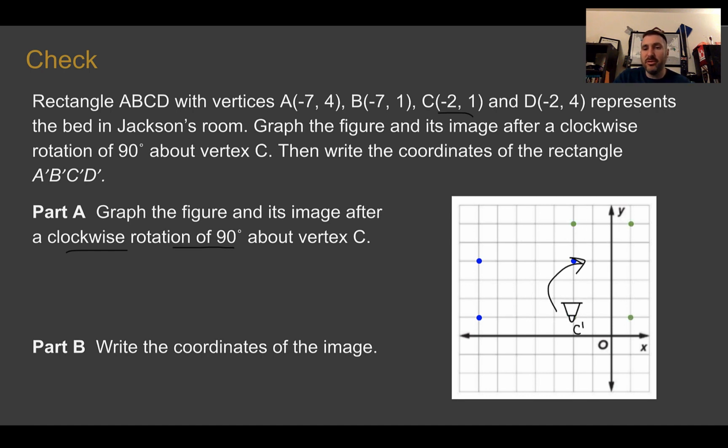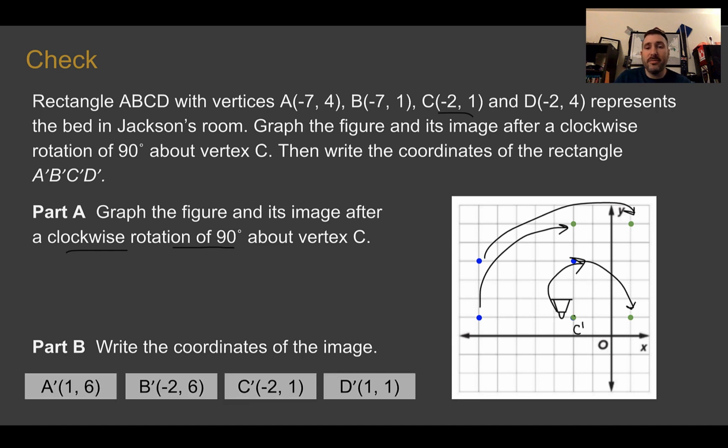C prime is in the same place as C. Everything else shifted and kind of rotated upward. What are the coordinates of those new points? A prime is at 1,6, B prime is at -2,6, C prime is at -2,1, and D prime is at 1,1. Some of these are hard to visualize, and we will look at how to do it just using the coordinates, which may be a little simpler to figure out.